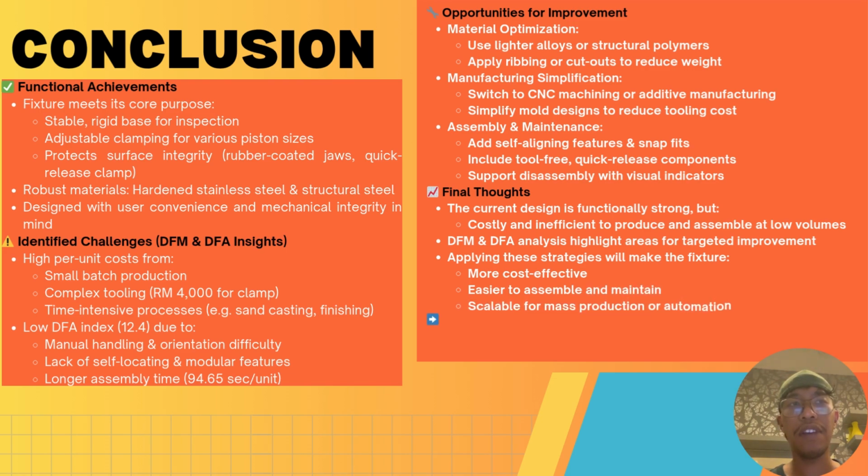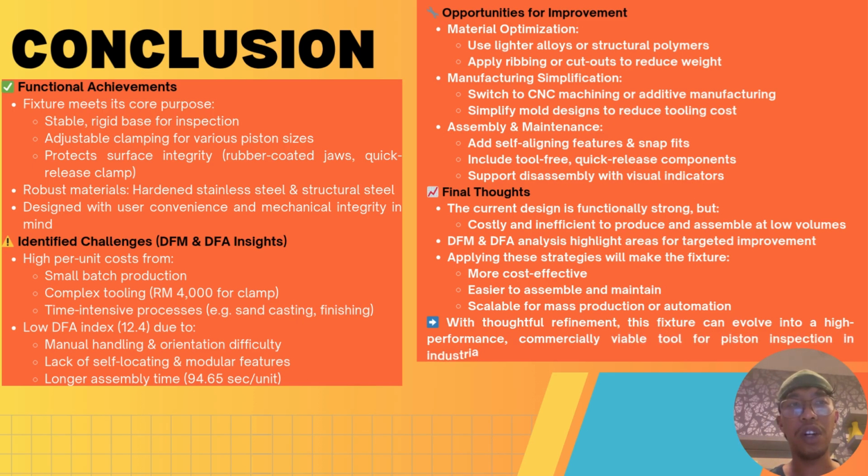So we have identified the challenges, the FM and the FA insights. High per unit cost from small batch production, complex tooling, 4,000 ringgit for a clamp. This is quite high for a clamp. Time intensive processes such as sand casting and finishing.